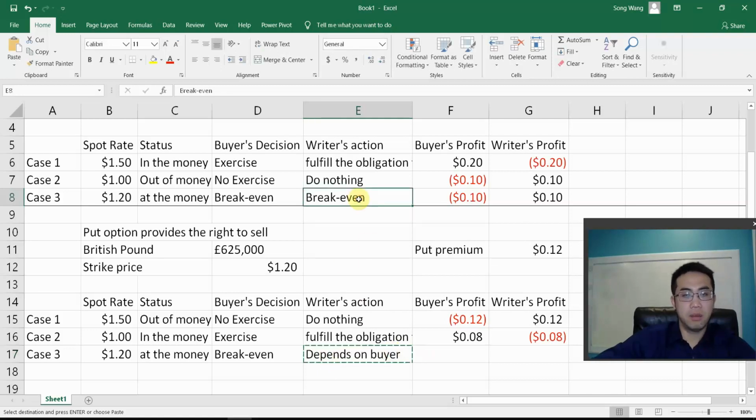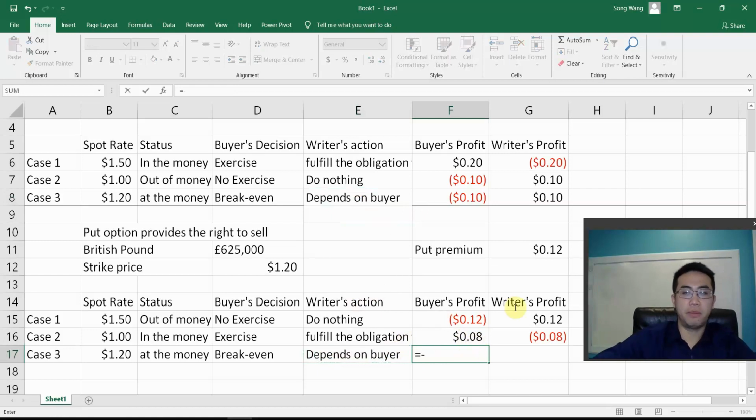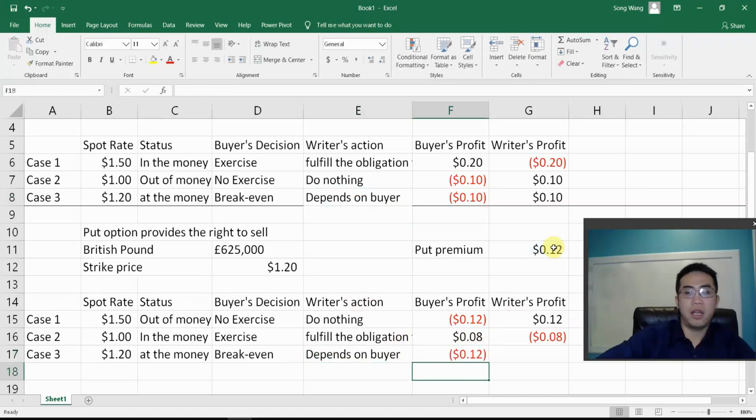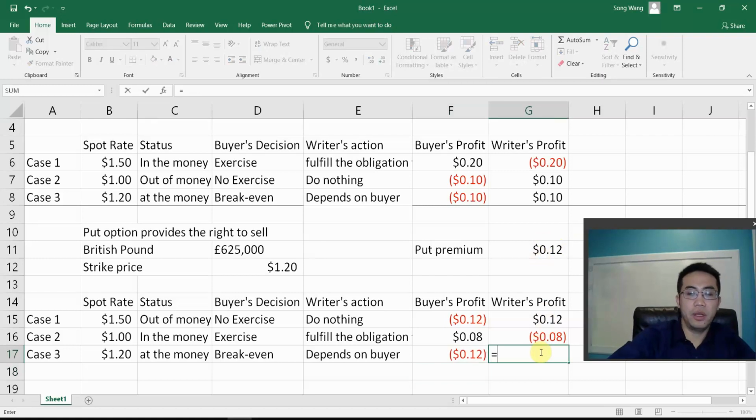No matter whether the buyer exercises or not, they just have the same profit, which is the negative premium they pay. And for the option writer, it's the positive premium they collect.